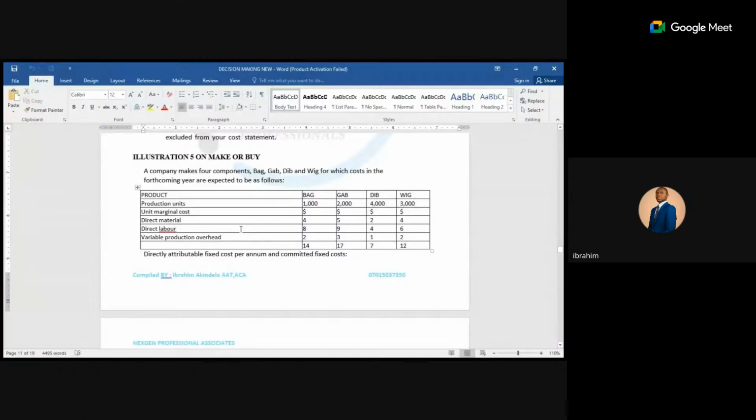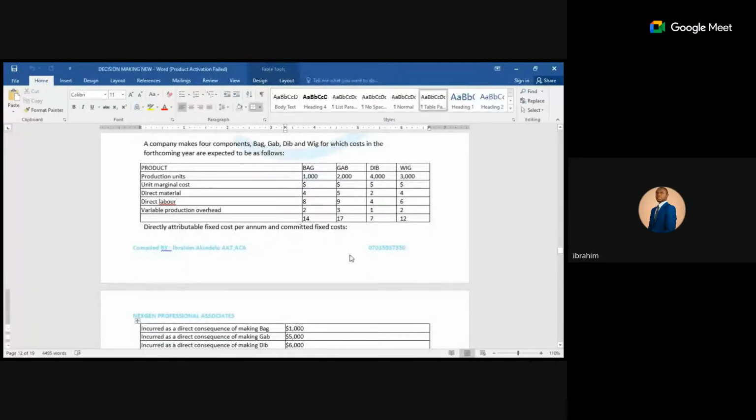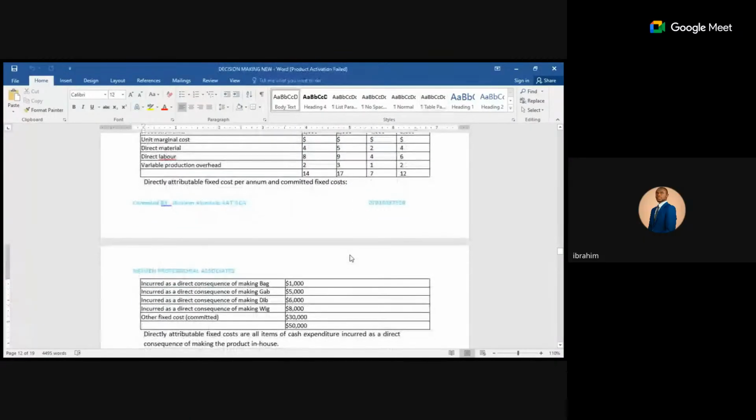Directly attributable fixed costs per annum and committed costs. They give us the directly attributable fixed costs, incurred as a direct consequence of making the bag. Don't forget, we still consider relevant costs. This is incurred directly, so we consider it. All these costs are incurred directly, except the committed cost.